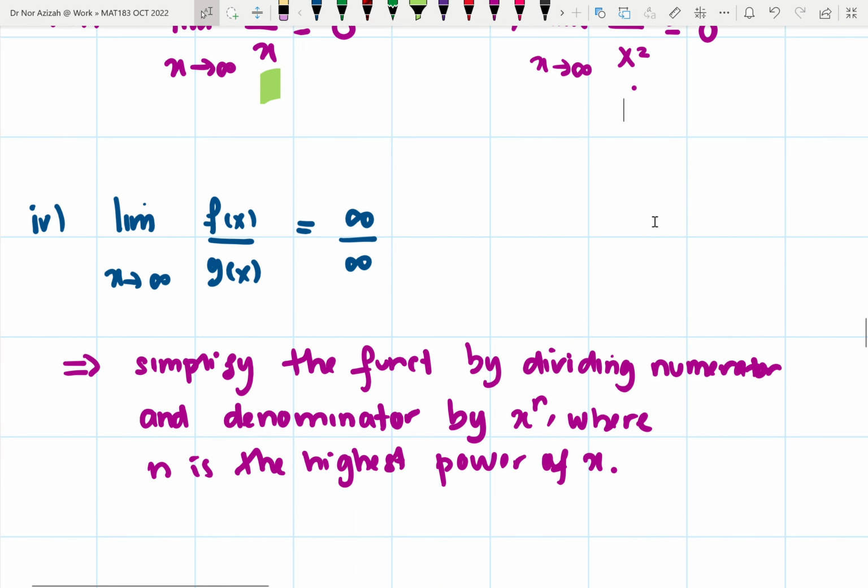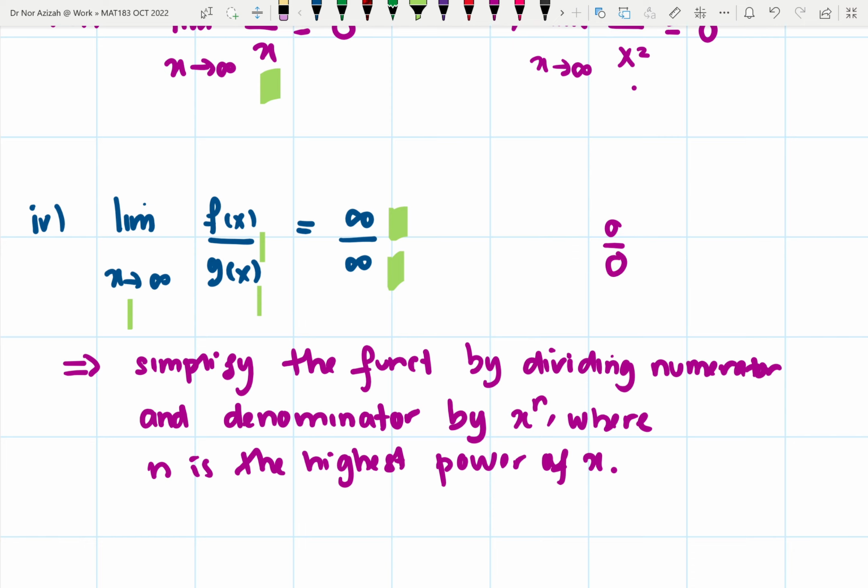The fourth property, the limit of f(x) over g(x) when x goes to infinity. So when you substitute into the function here, we got infinity on top, and the bottom also gets infinity. Okay, so before this, if you have 0 over 0, what do you need to do, class? When you got 0 over 0, you need to simplify, right?